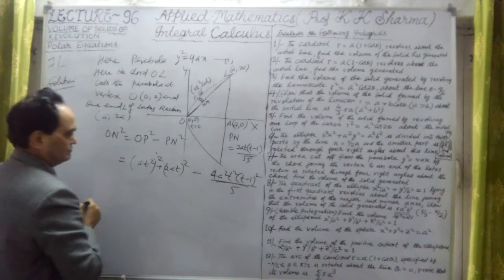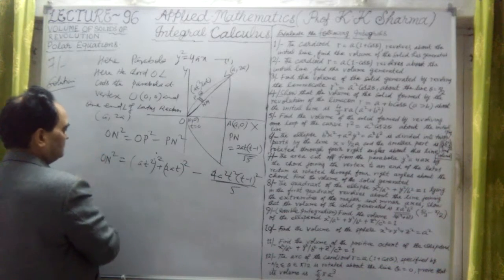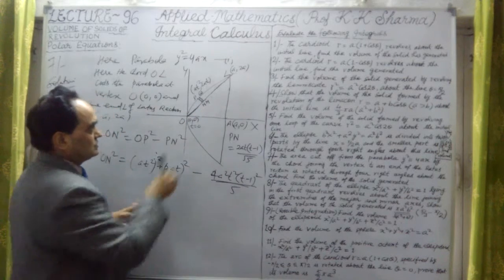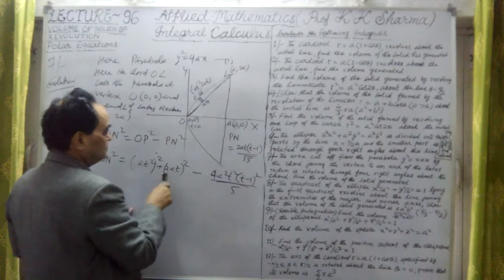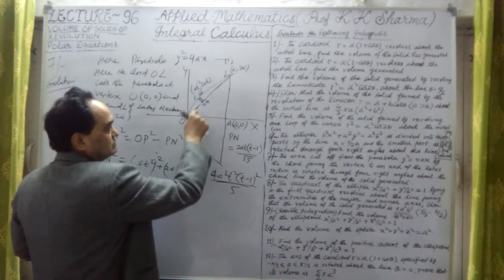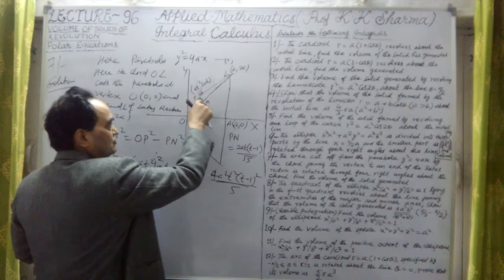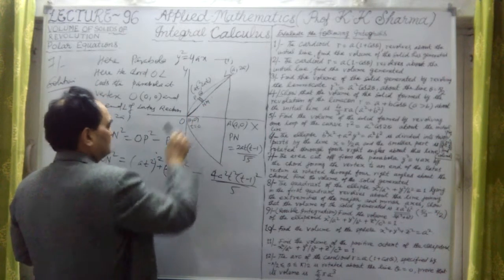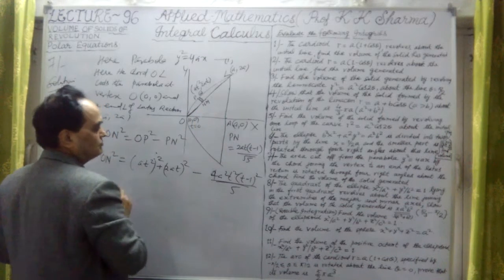Try to understand. This is the value of ON square we are calculating. Why is ON square required? I'll talk about this radius: pi PN square into d into ON. This ON is the length of this contour. We may take that PN, the perpendicular or the y coordinate, is y, and ON is x, so that we have to write here.